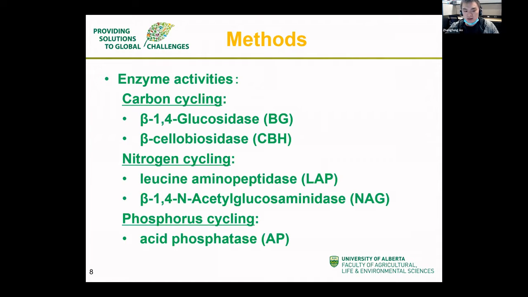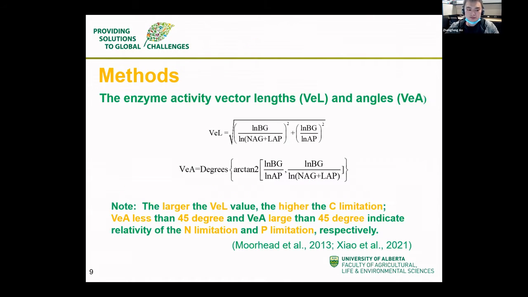They are carbon cycling related, like glucosidase and cellobiosidase, and nitrogen cycling related, like LAP and NAG, respectively. And we also studied acid phosphatase to look into phosphorus immobilization in the different treatments.